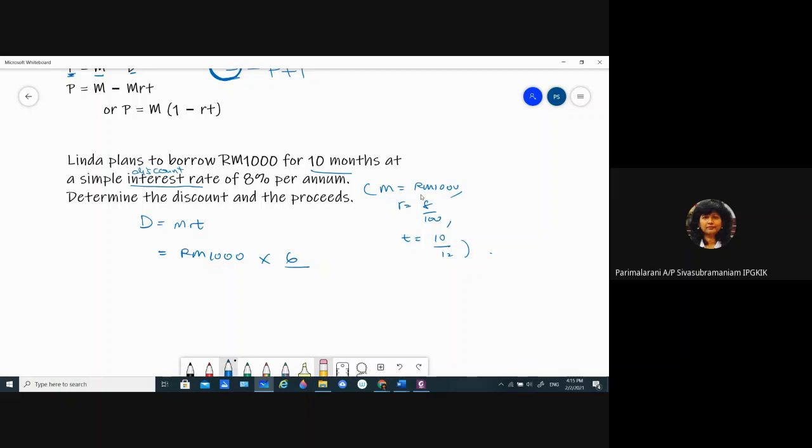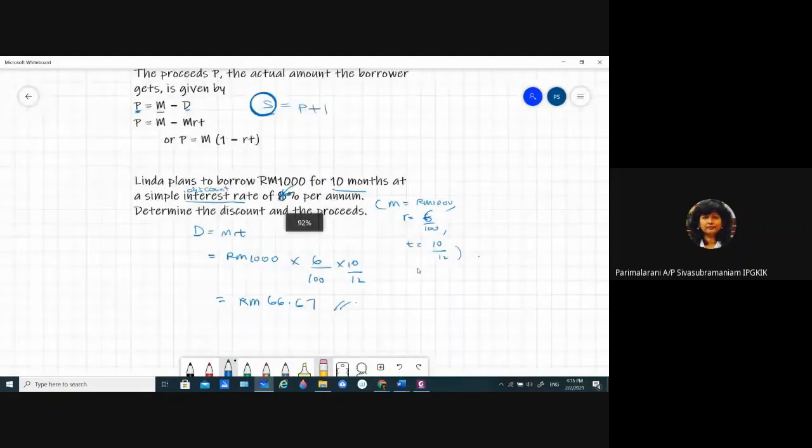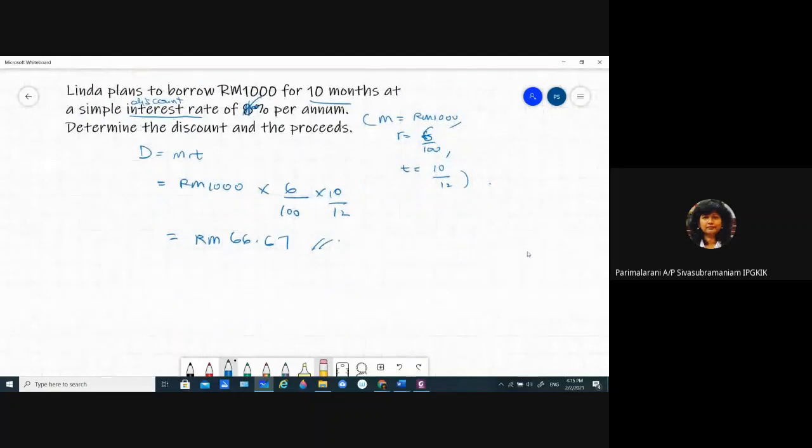Okay, let's just say this is 6, because my calculations here are for 6. So we have 66 ringgit and 67 cents. This is the discount. That means you go back with 1,000 minus the discount.